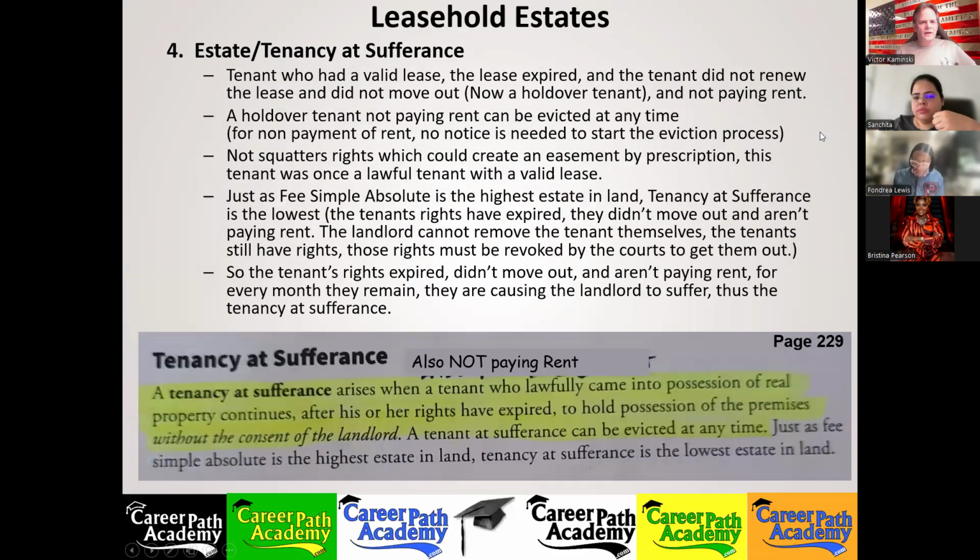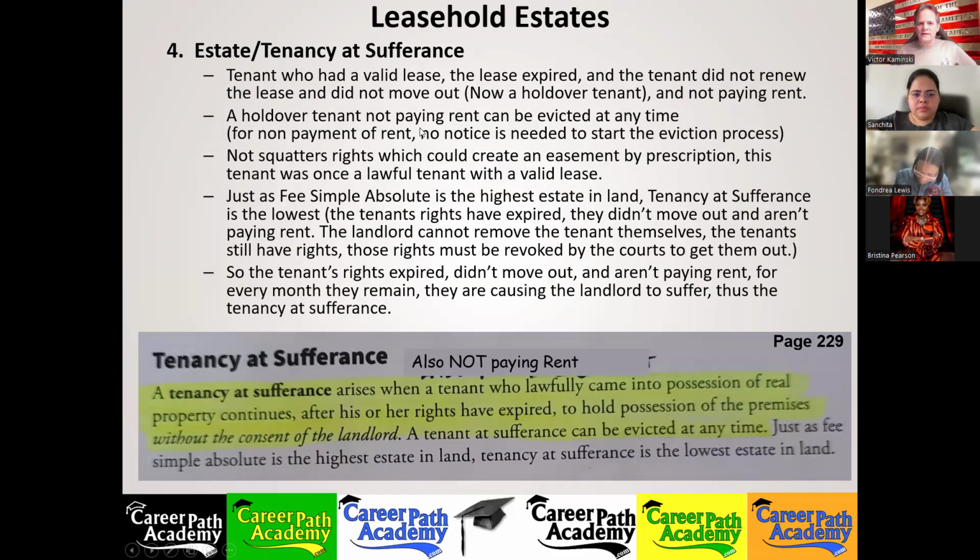Okay. And then an estate or tenancy at sufferance. A tenant who had a valid lease, the lease expired. The tenant didn't renew it, and they didn't move out. Now that makes them a holdover tenant. But in addition to that, they're also not paying rent. That makes them a tenant at sufferance.